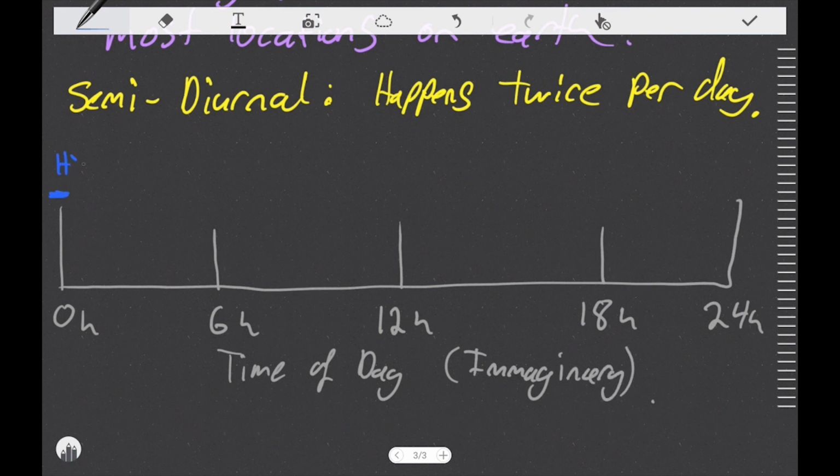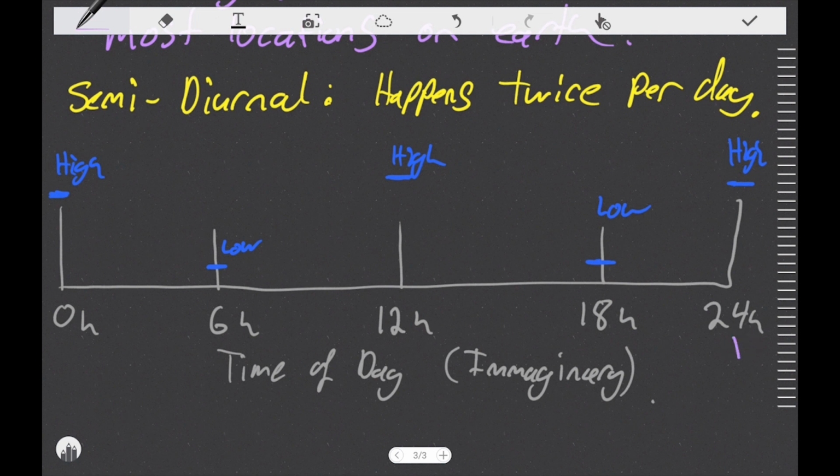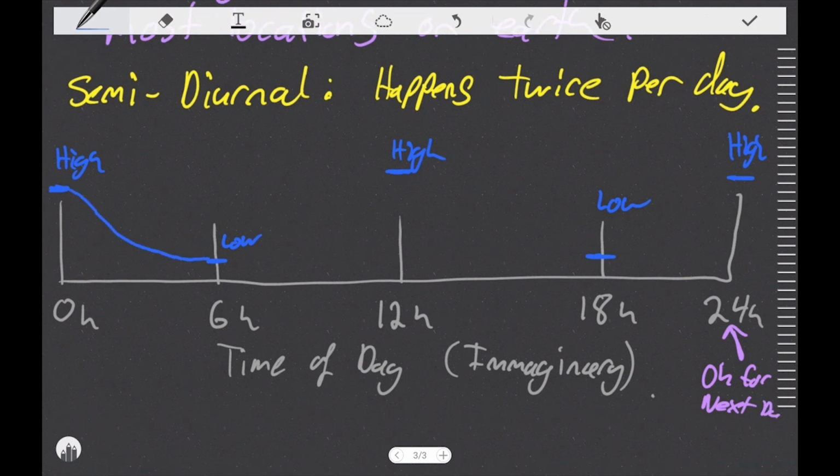And for this day, let's say that the first high tide that we're going to have is at midnight or 0 hours. What we would see then is approximately 6 hours later, we would experience some sort of low tide. And then 6 hours after that, we would expect the tide to be high again. 6 hours after that, it would be low. And then at 24 hours, we would actually be at midnight for the next day.